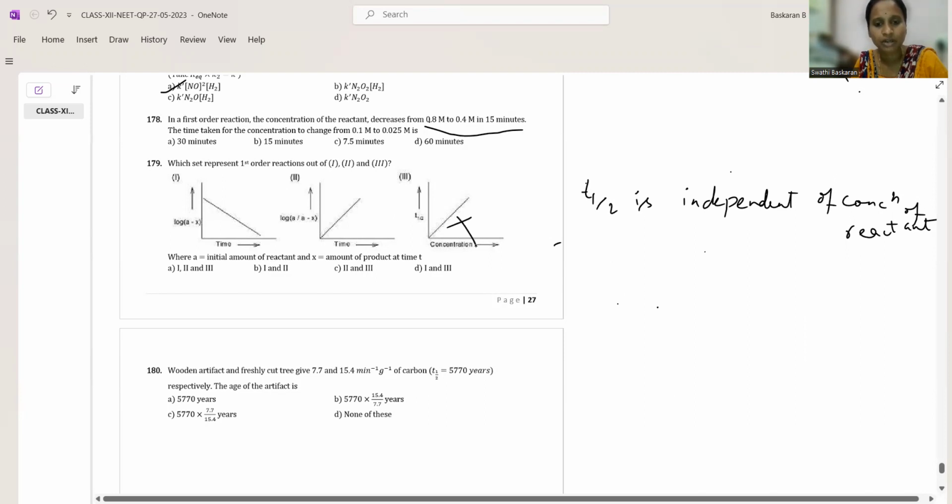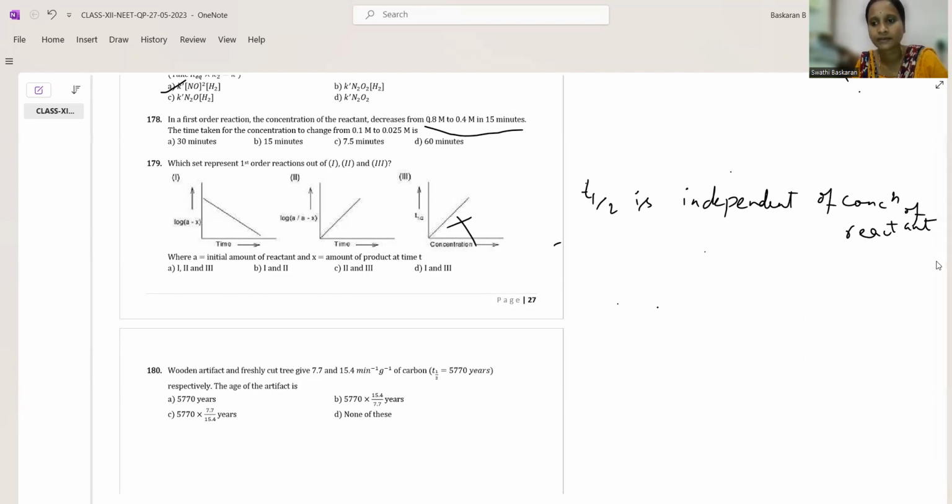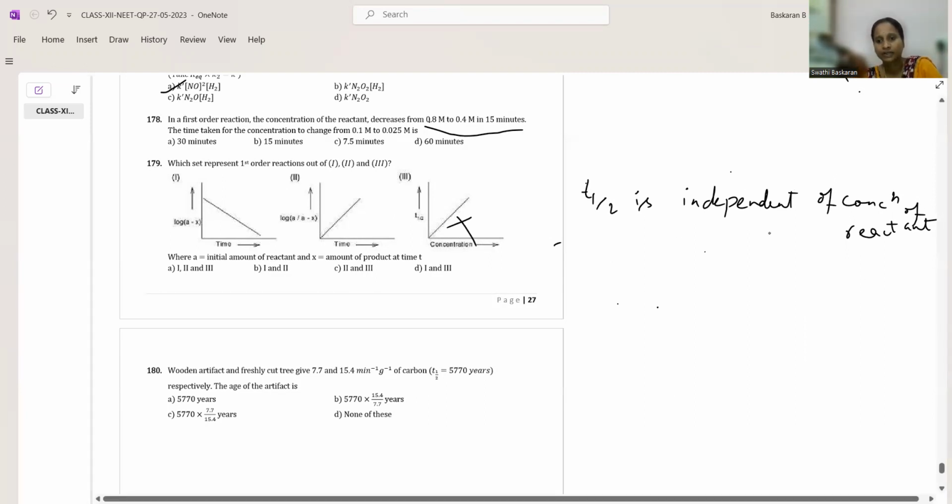Why is this wrong? If you plot a graph between T half and concentration of reactant, you have to get a line parallel to the x-axis, that is the concentration axis, right? So this graph is wrong.